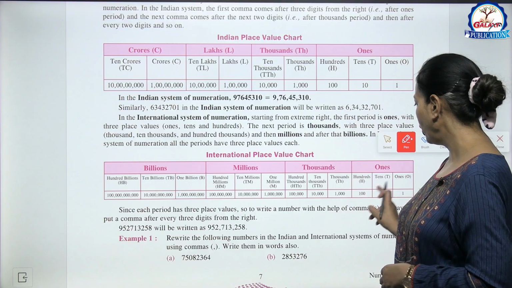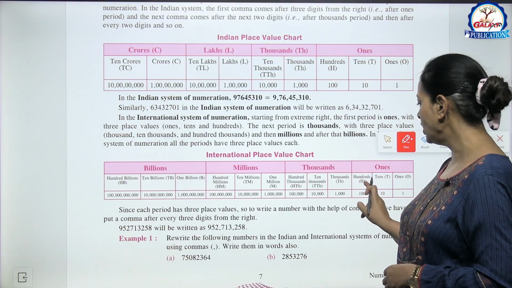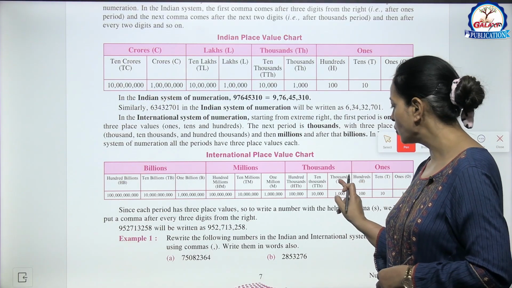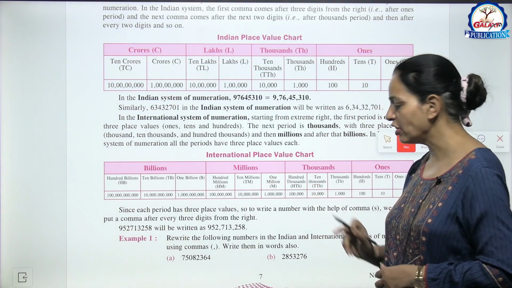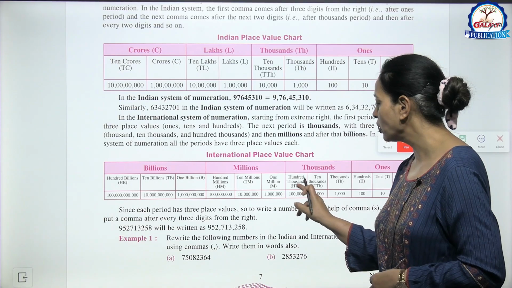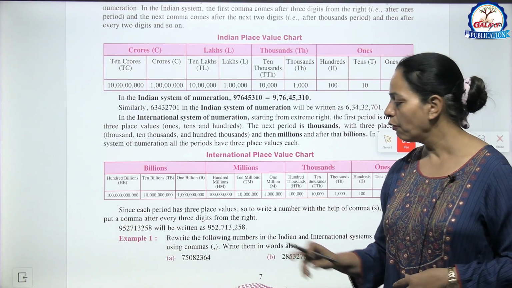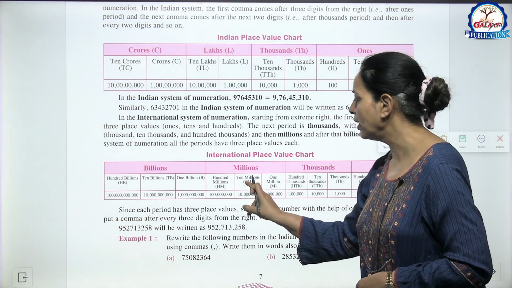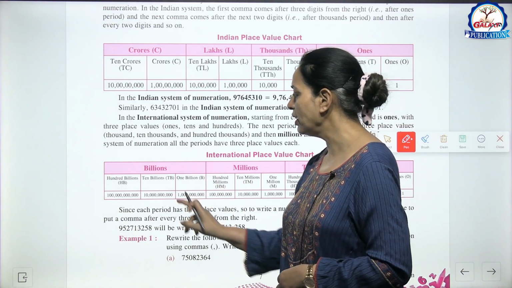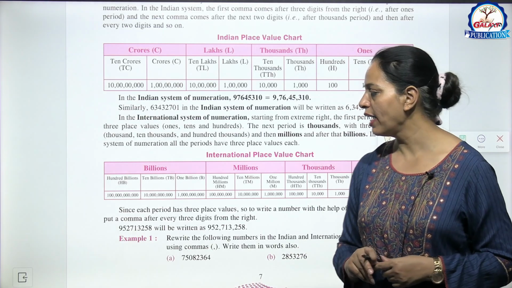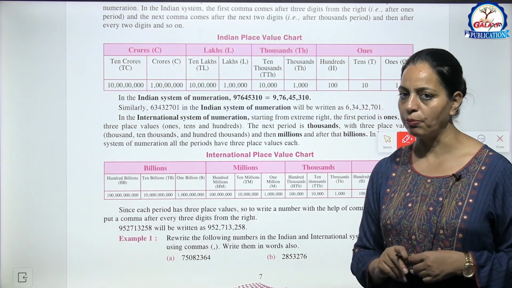So you can see over here ones O, tens T, hundreds H, thousand Th, 10,000 TTh, 100,000 HTh, 1 million M, 10 million TM, 100 million HM, billion B, 10 billions TB and 100 billions HB.